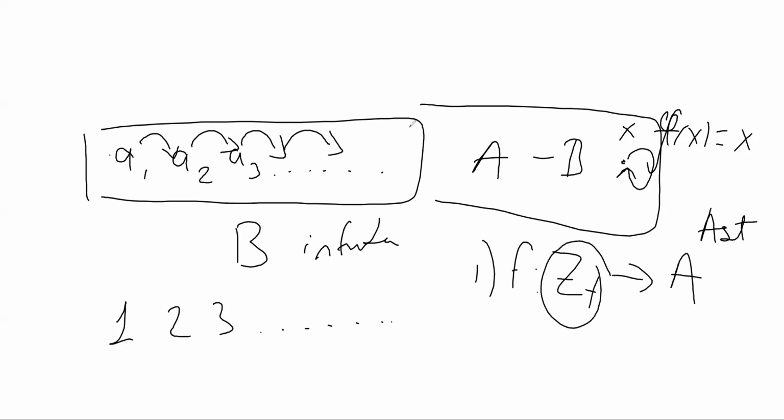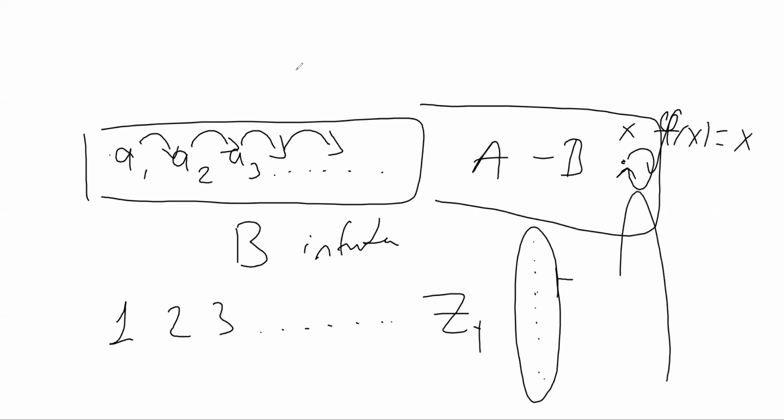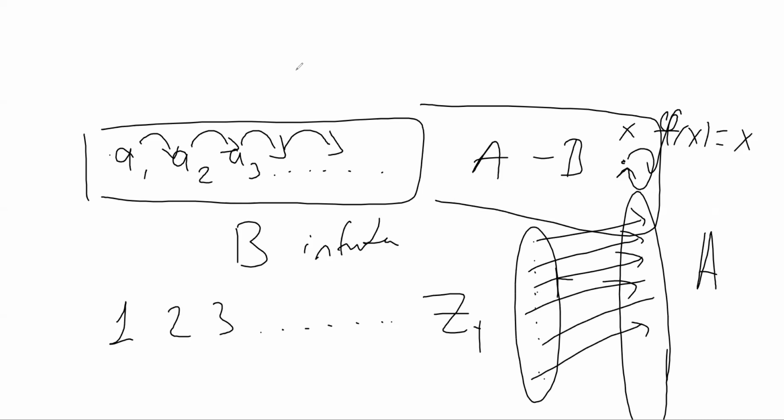So if we had the set Z plus, and we have the set A, which might be a bit bigger than Z plus, and we have all the images, those images would be the set B. So we know that B is a subset of A. And we can have stuff in here which is not an image of Z plus.